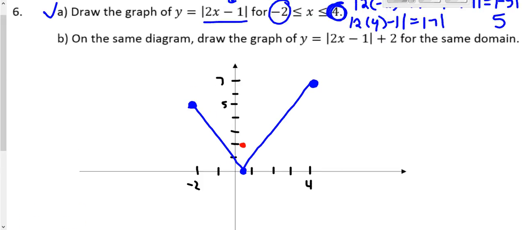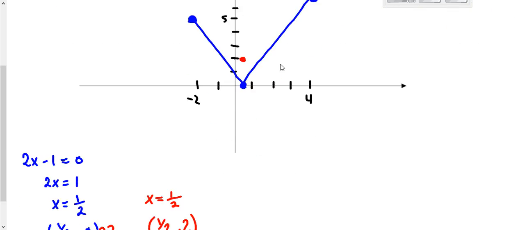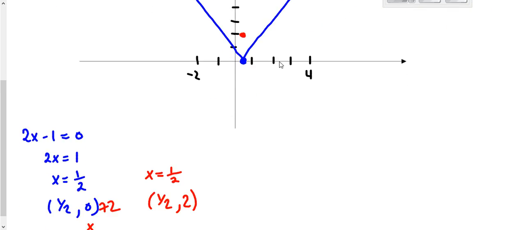Same thing with the endpoints. They're also going to move up 2. But if you didn't remember that, you can just plug that in. So we have the absolute value of 2 times x minus 1, plus 2. So when we plug in -2, what did we get up here?